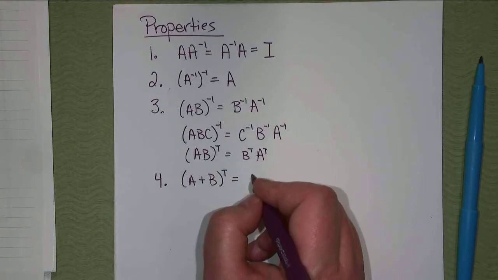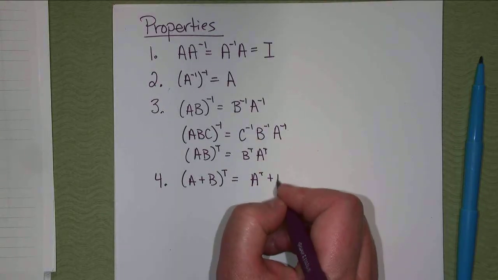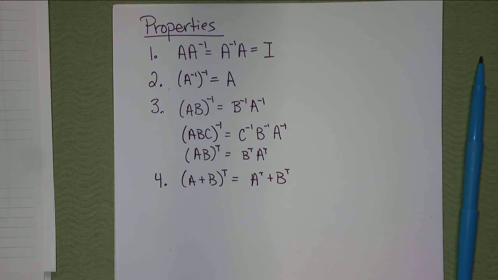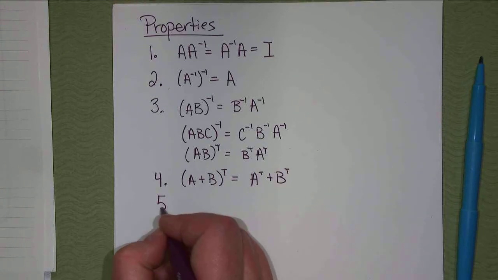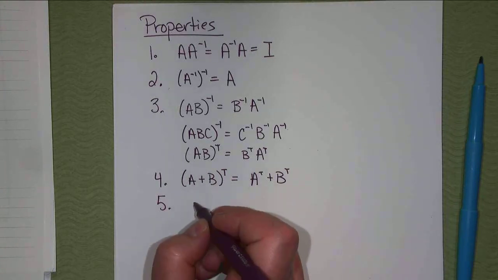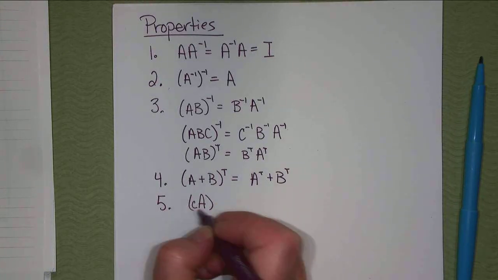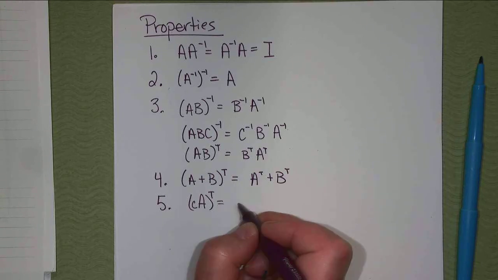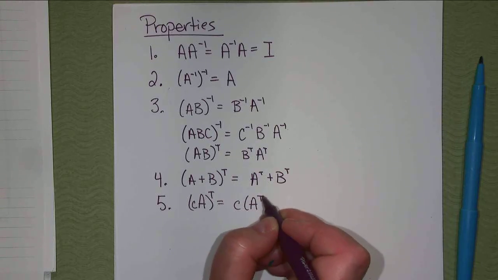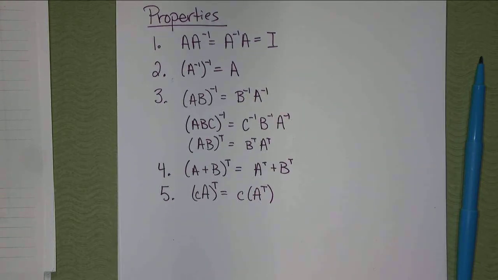Inverse doesn't have this property. So that's just for transpose. So you can transpose and then add, or add and then transpose. This one is for transpose as well. Does not work for inverse.